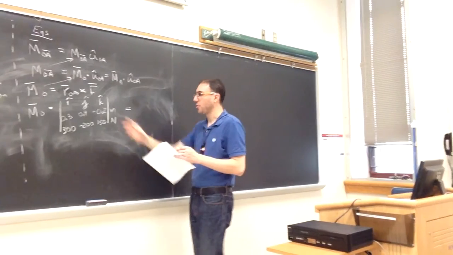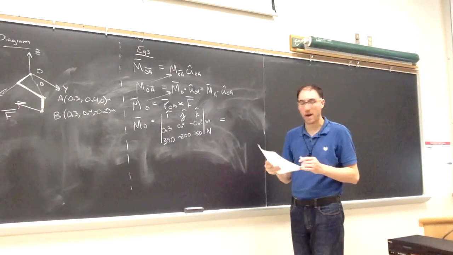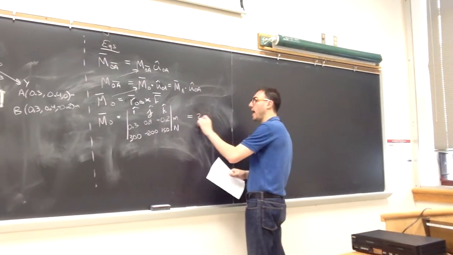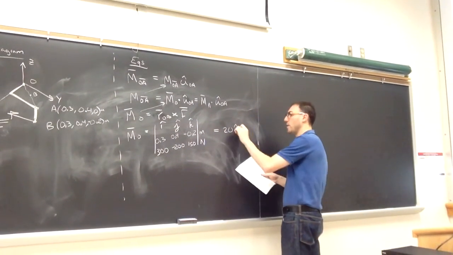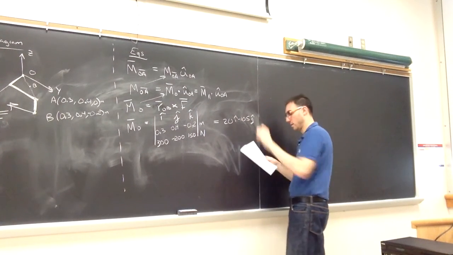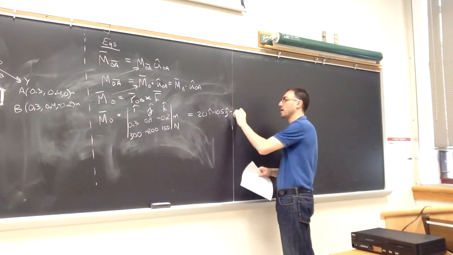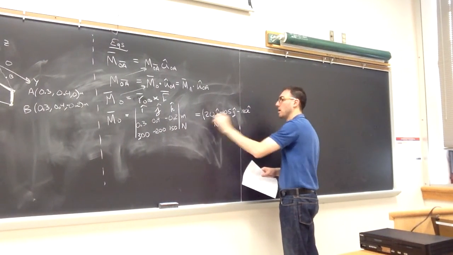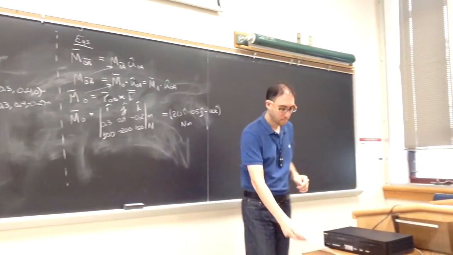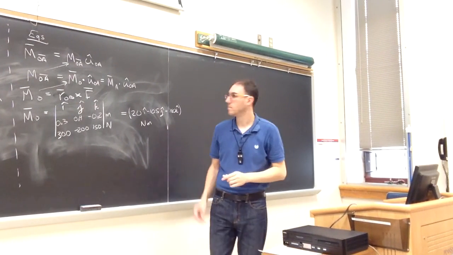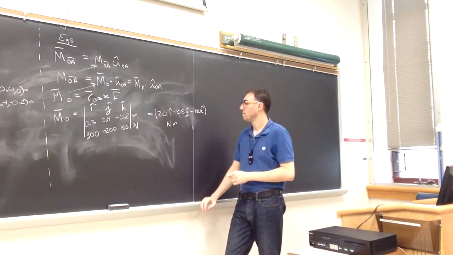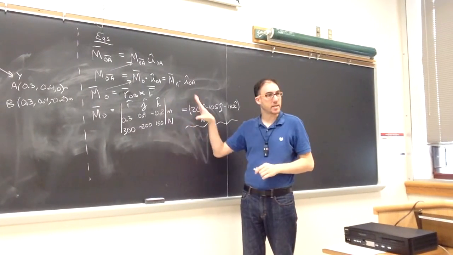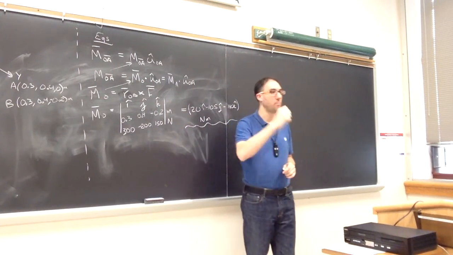So if we actually go through and do this cross product, we get that the moment around point O caused by force F is going to be 20i minus 105j minus 180k, and that's in Newton meters. So this step is exactly what we did Wednesday, finding the moment around a point.